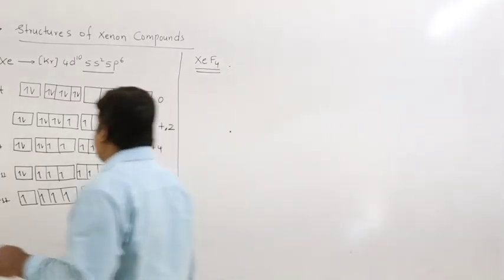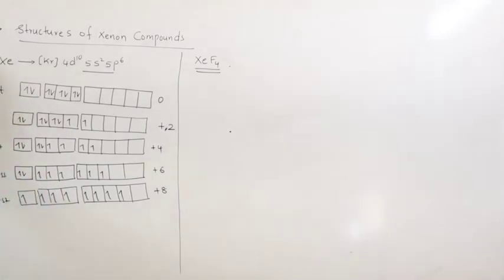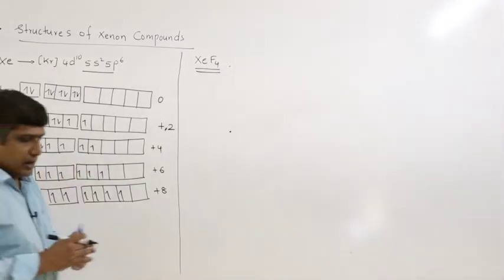If you see the xenon excited states, in the ground state there are 0 unpaired electrons. In the first excited state there are only 2 unpaired electrons, but we require 4 unpaired electrons. Therefore, we have to go for the second excited state. In the second excited state we have 4 unpaired electrons.